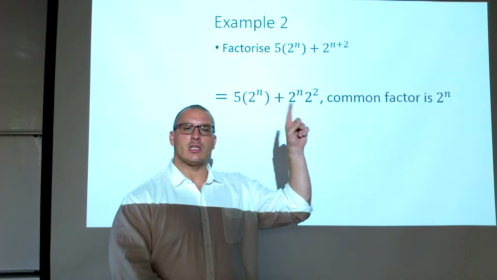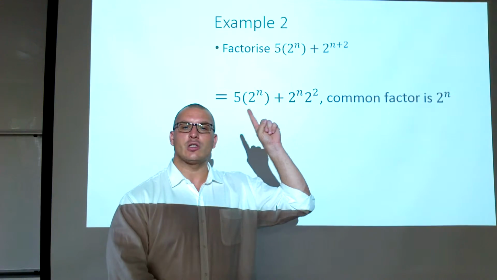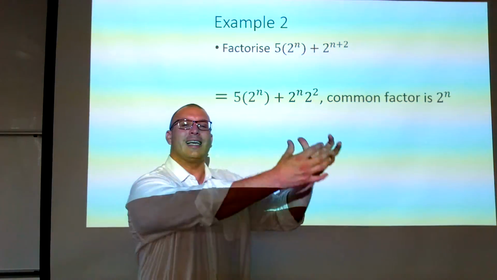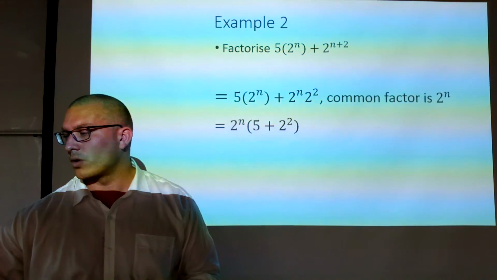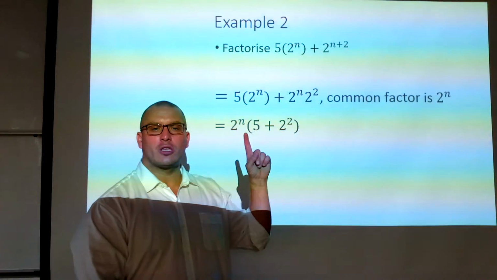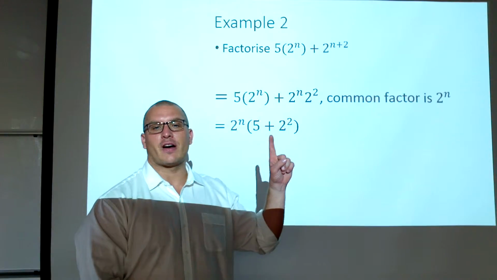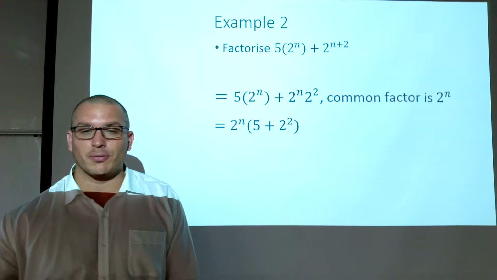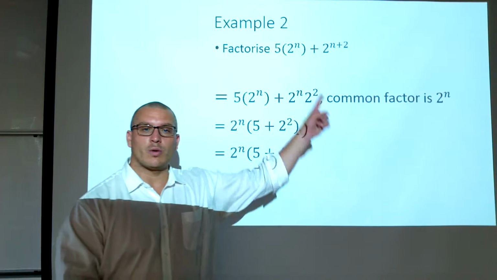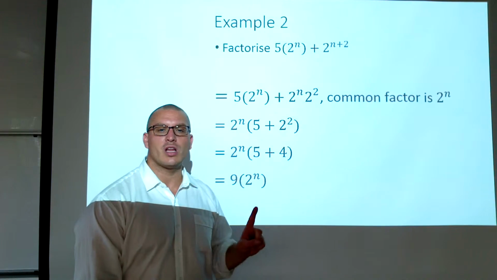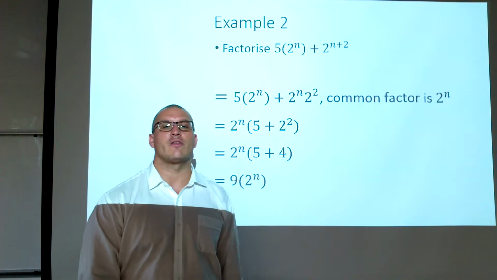Now again, if we look at these terms, we see the common factor is again 2 to the power of n, which we can take out of both terms. This then gives us 2 to the power of n outside 5 plus 2 squared, which is simply 9. So what we have here can get factorised down to 9 times 2 to the power of n.